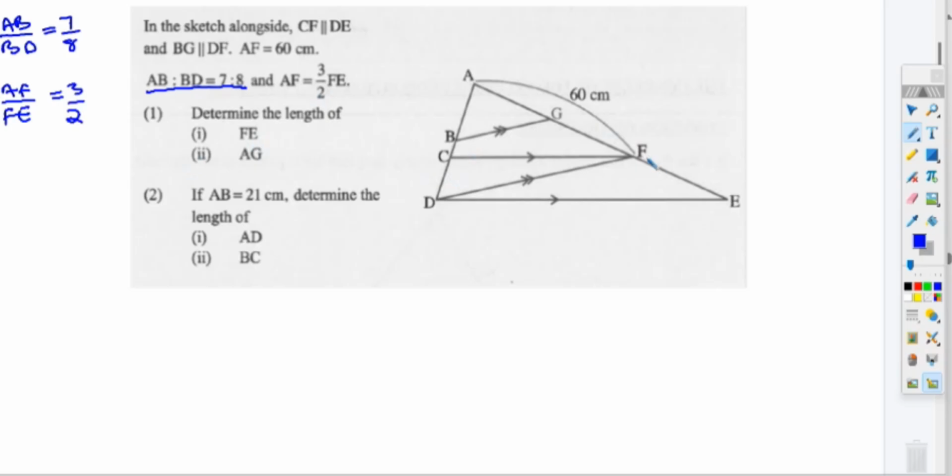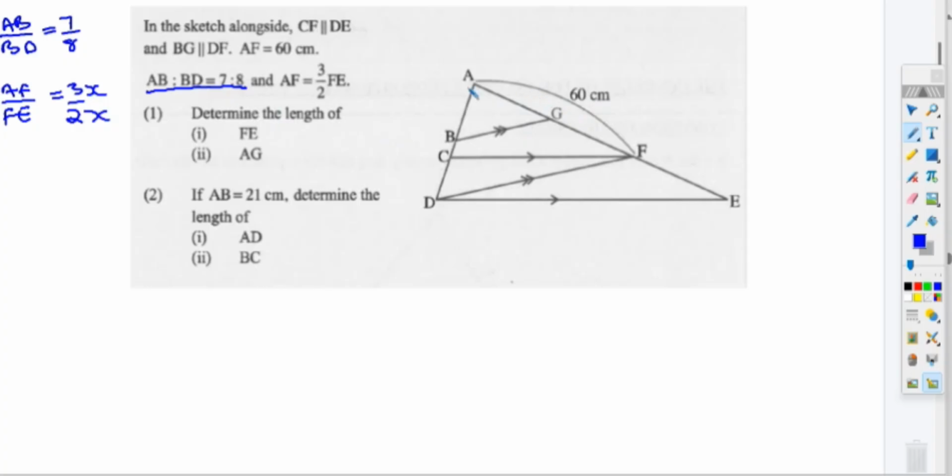The first one is FE, this one here. How will we do that? Making use of this one, AF over FE. That is AF over FE. This is 3 over 2. We can use that ratio. This is the same as, okay, let's use variables here. 3x over 2x.